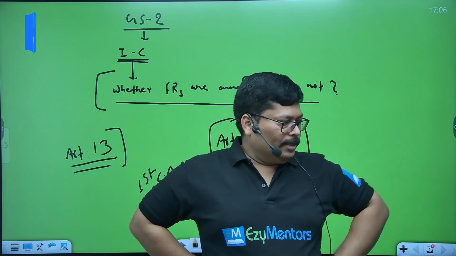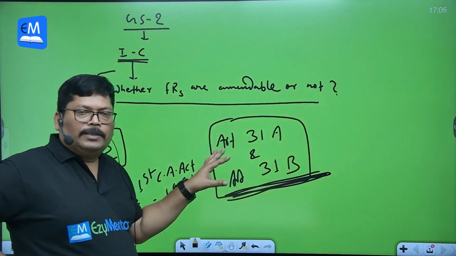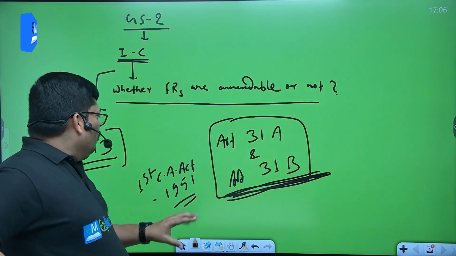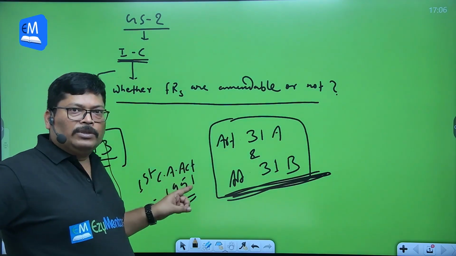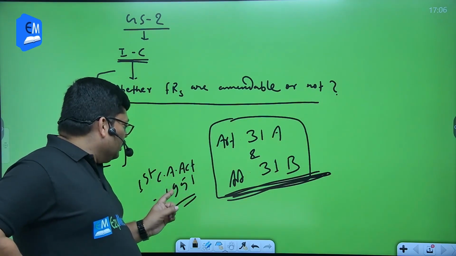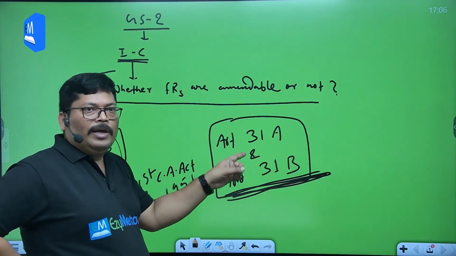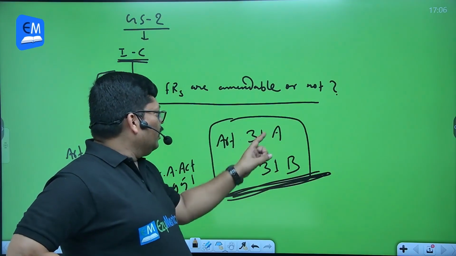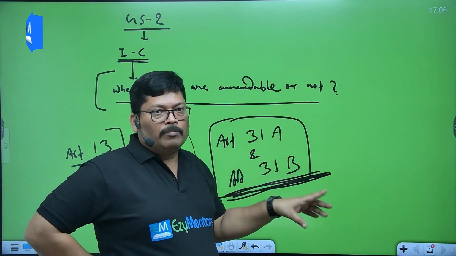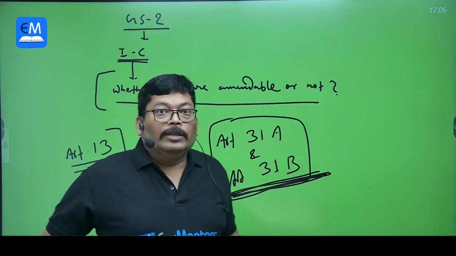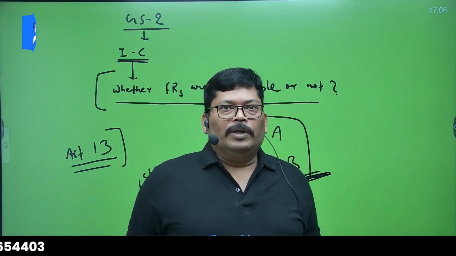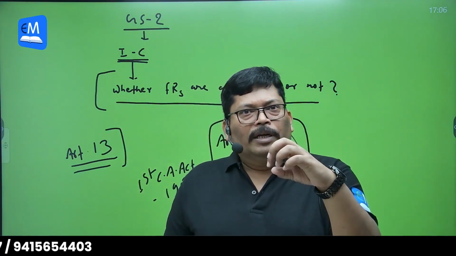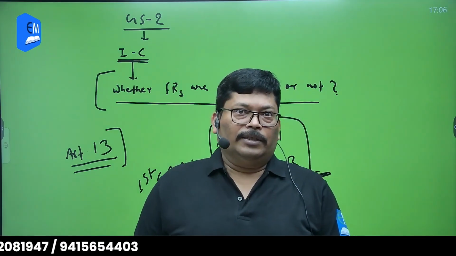It means that whatever developments were made via the first Constitutional Amendment Act, which took place in year 1951 in the form of the incorporation of Article 31A and 31B in Part 3 of the Constitution, they were simply imposing limitations against the fundamental rights.